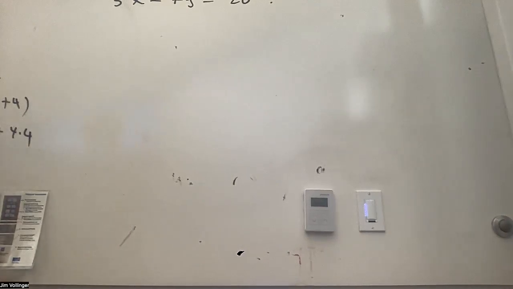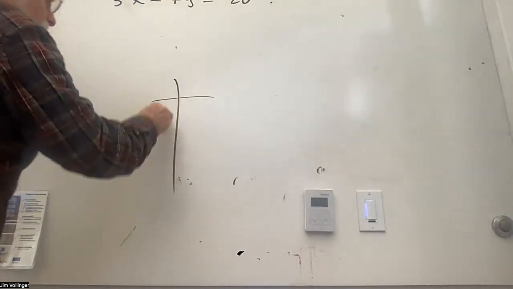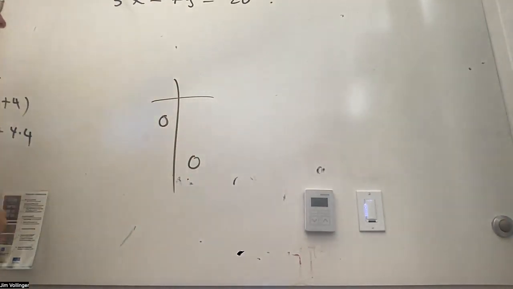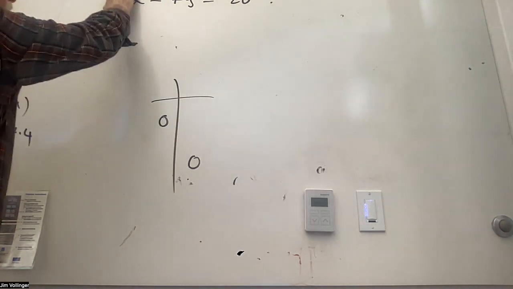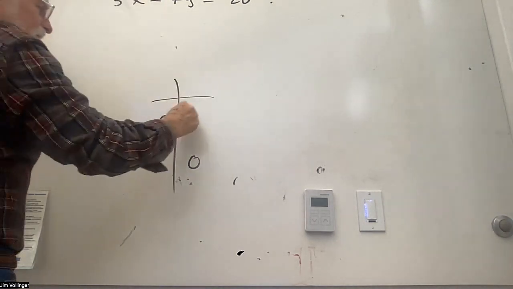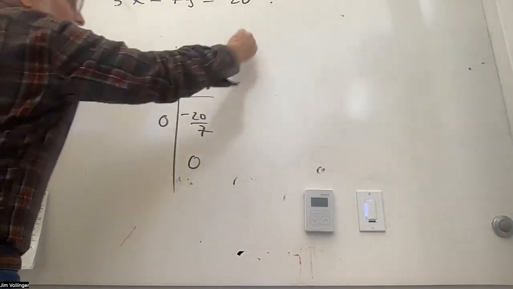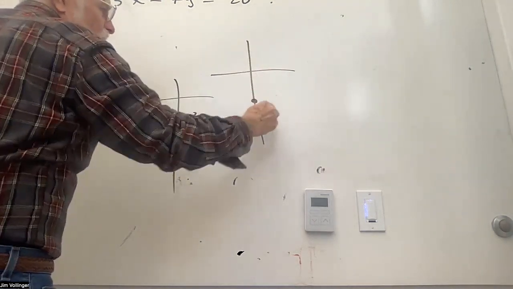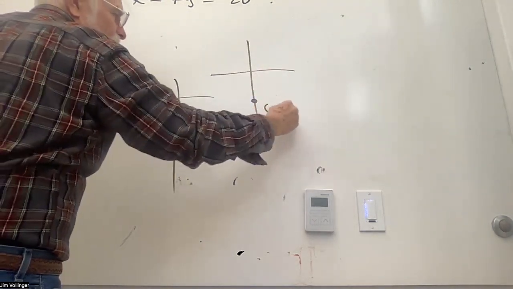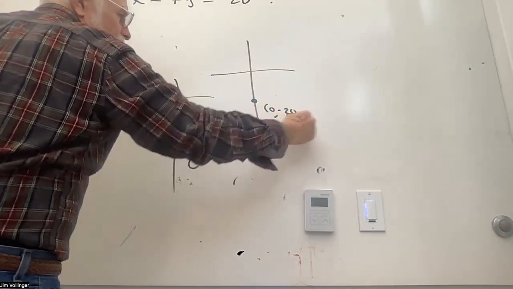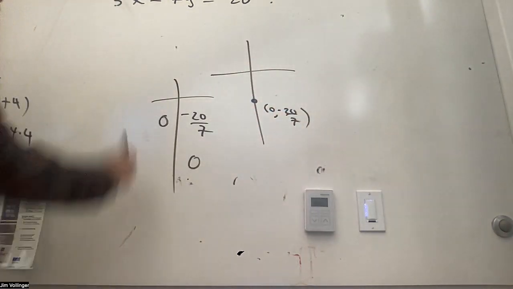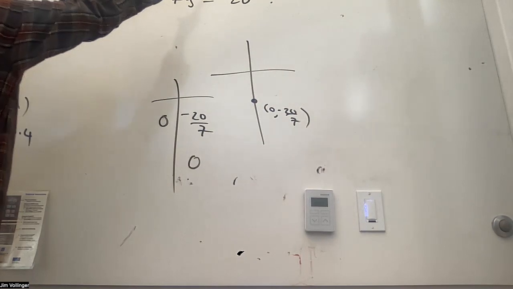Let's get this in standard form. So you're going to fill in the zeros. We want products to equal 0. So if I plug a 0 in there, that means it's minus 27ths, which is near negative 3. We'll call that minus 27ths, 0 comma minus 27ths. Did I think about this before I did it? No, but subtraction means got to be going up.